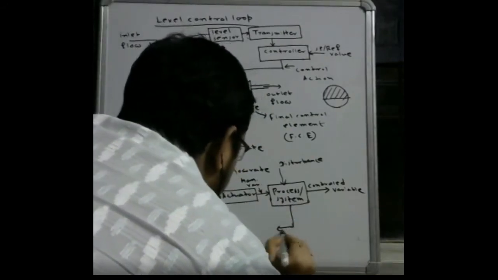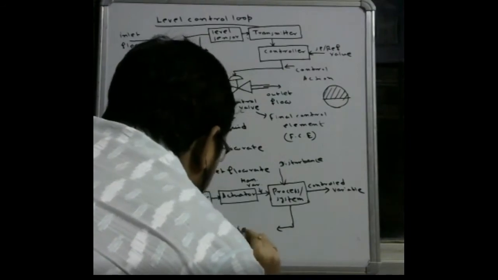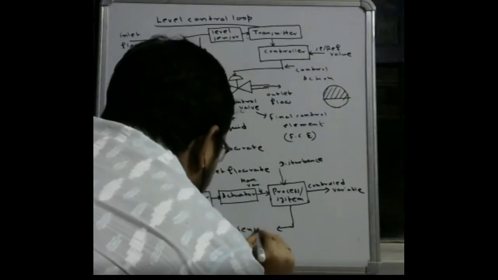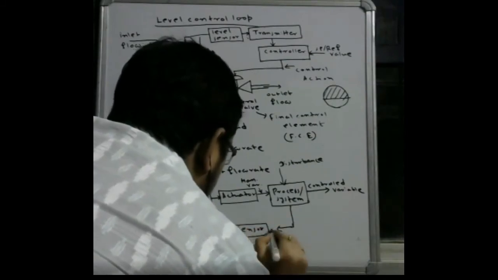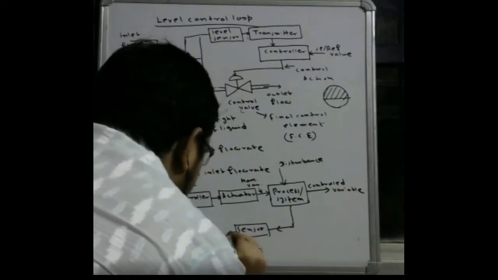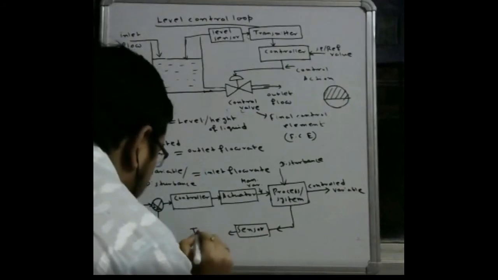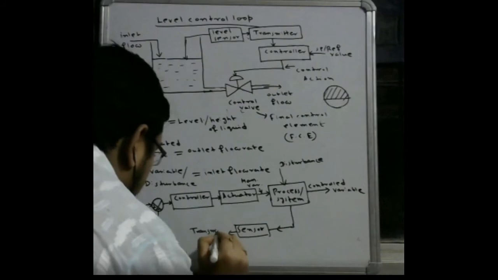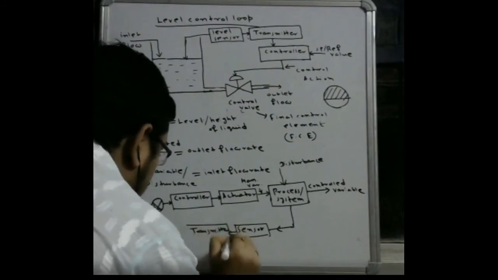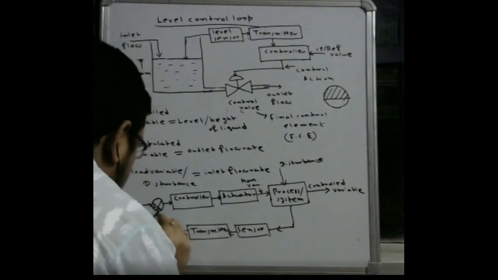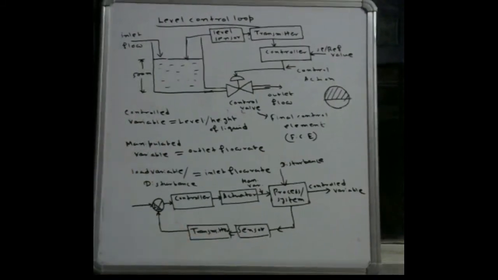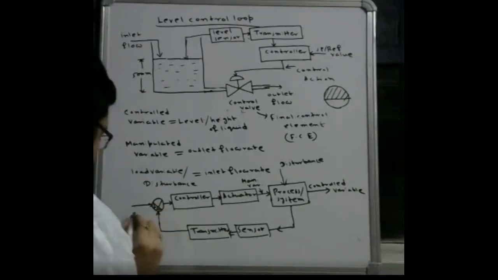And after that, sensor, then transmitter, and the output of the transmitter will be delivered to one input of the comparator.